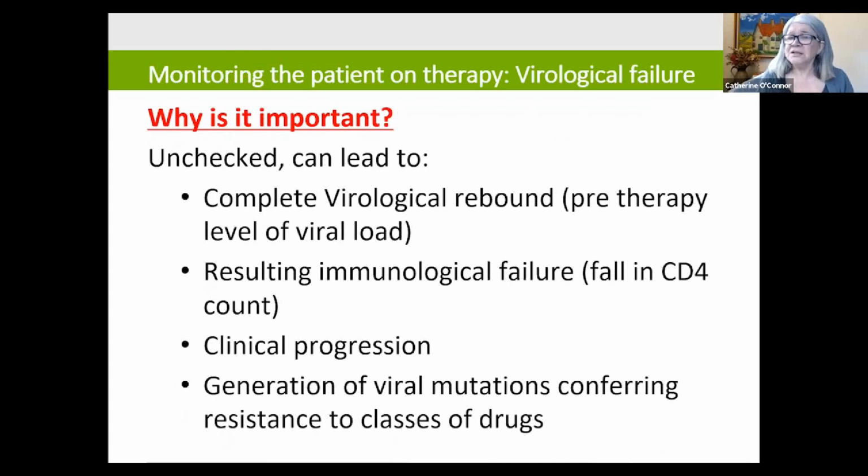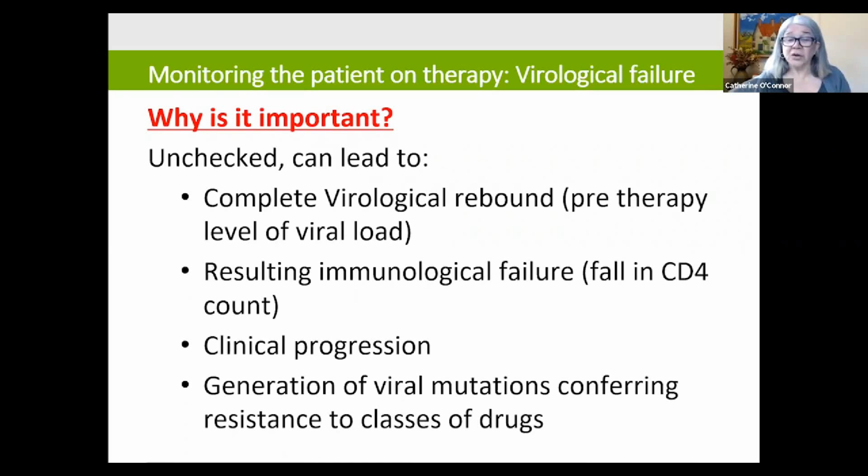So why is virological failure so important? Well, if unchecked, it can lead to virological rebound to the pre-treatment levels, and you get immunological failure. People can go on to clinical progression and severe opportunistic infections.